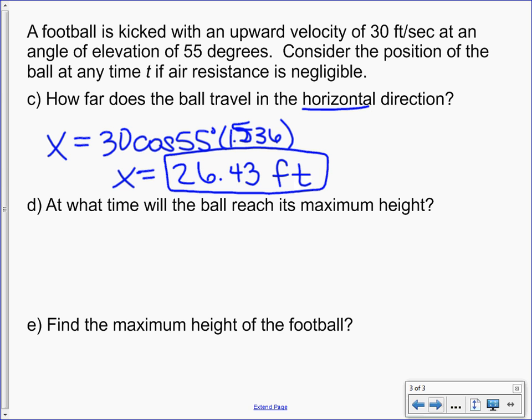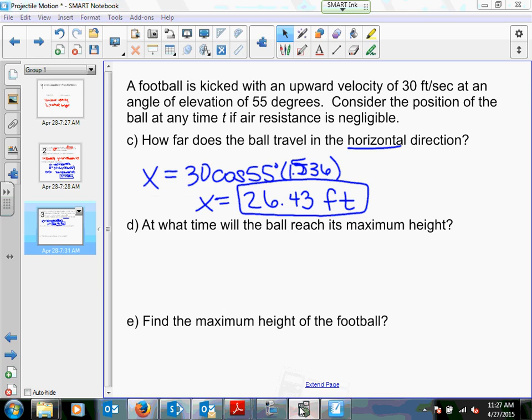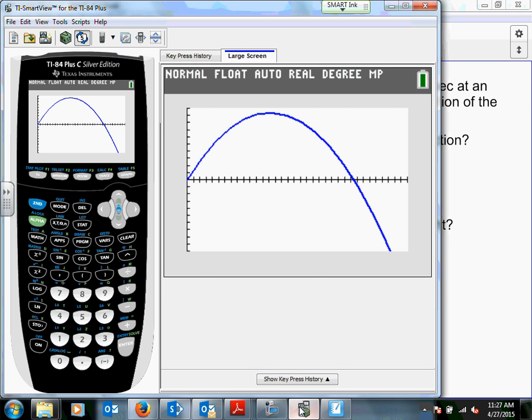Okay. Now let me draw your attention back to your calculator. If you hit the trace button, notice how it gives you a t value and then the xy coordinate. So like at time is 1 second, then we're 17.2 feet horizontally and 8.57 feet vertically.